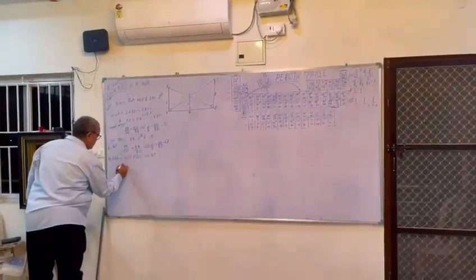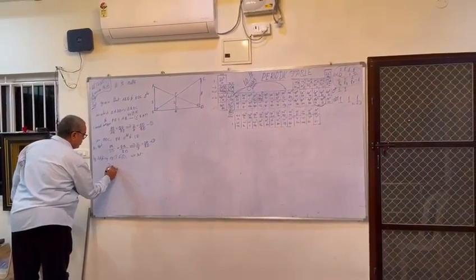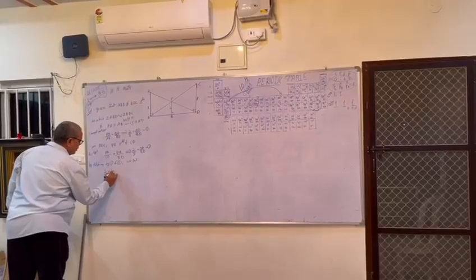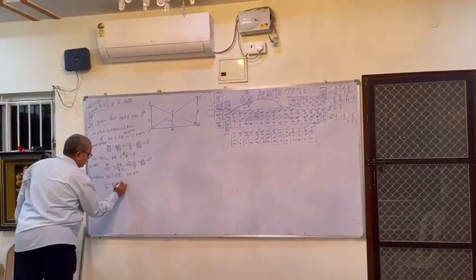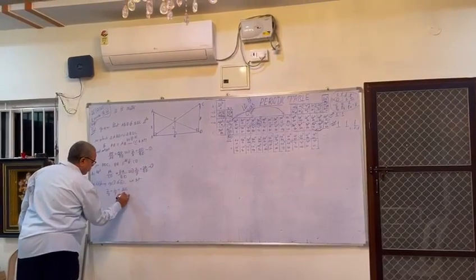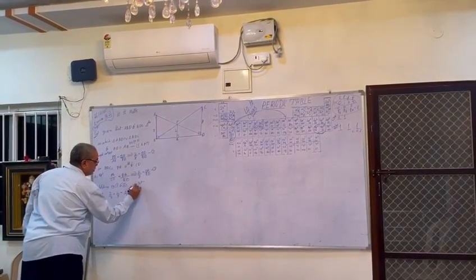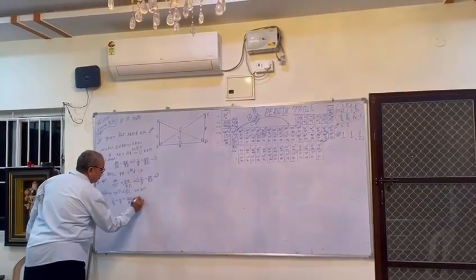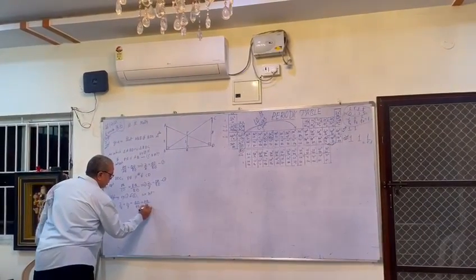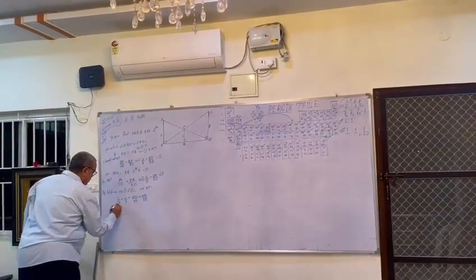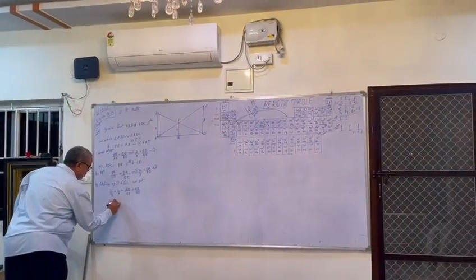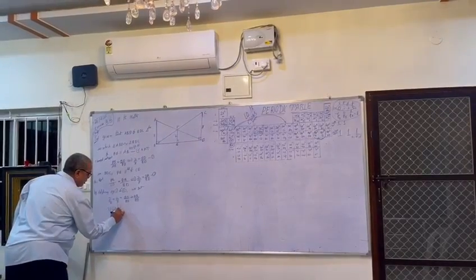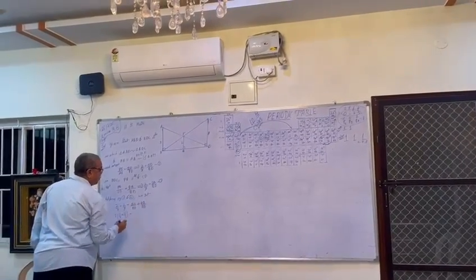Z by X plus Z by Y is equal to QD by BD plus DQ by BD. Then Z times (1 by X plus 1 by Y) is equal to (QD plus DQ) by BD.